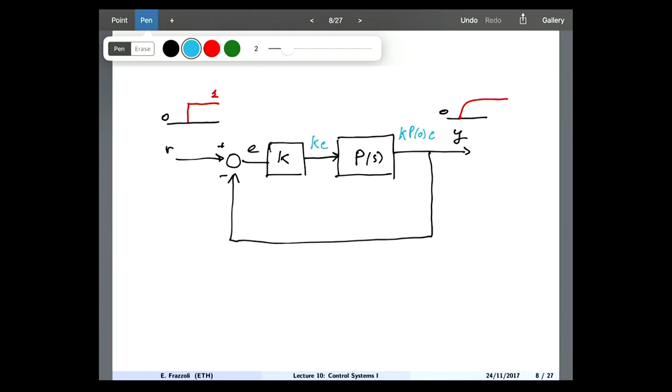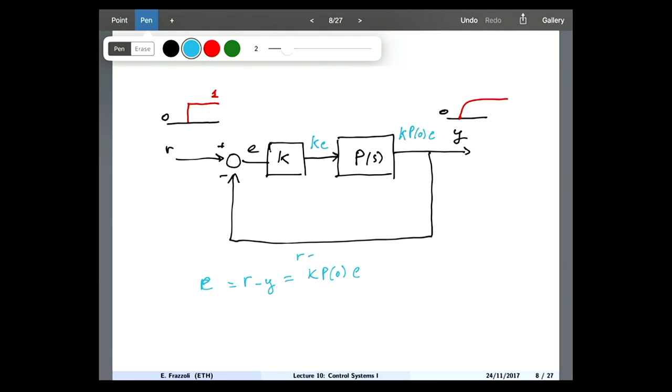So then essentially, let me write it this way. E is actually equal to R minus Y, and I know that Y is K P 0 E. Sorry, I forgot, R minus.